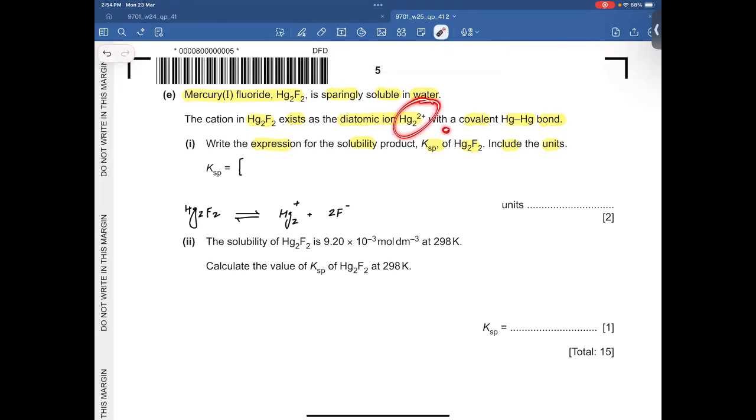No, that's the cation. We need to write Hg2 2+, plus 2 fluoride ions. That's crucial information. You need to mention this cation here.